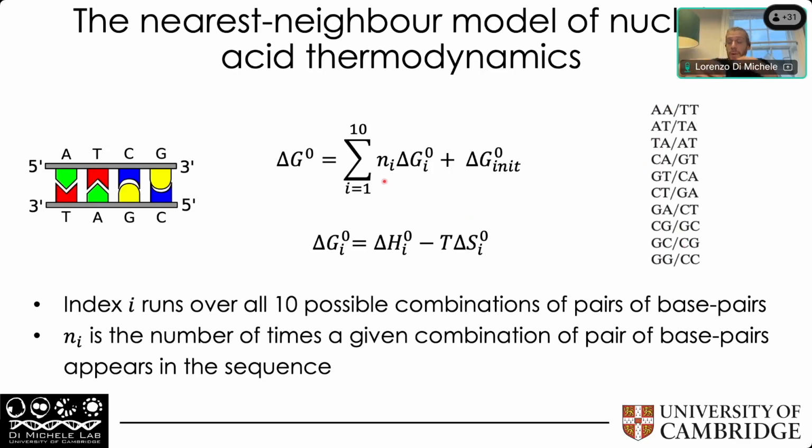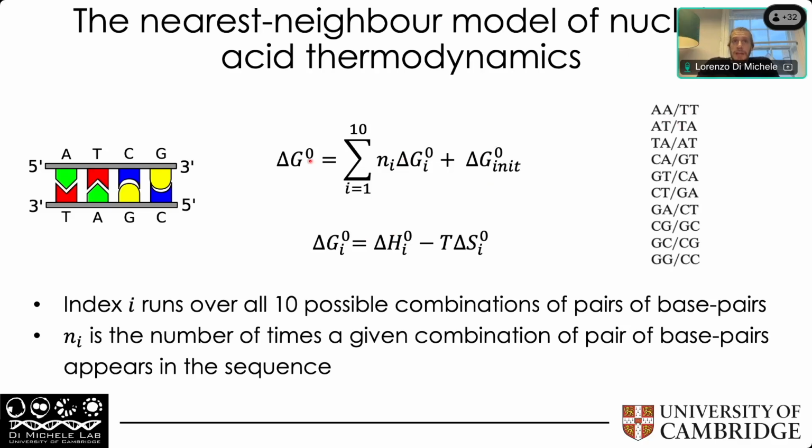So that means that for every possible DNA duplex that you have, you can write down the free energy as a sum over all of these possible combinations, so from 1 to 10, of the number of times that this particular combination appears in your sequence, times the delta G parameter for that particular combination of base pairs, plus the initiation parameters. So that's the compact way of writing this down.